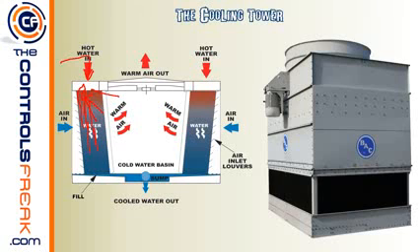Now raining down across just by itself would actually help cool the water down, just with the air naturally coming, with the water pouring out and going across these little fins that are here. That'll actually give it a little bit of cooling. So sometimes you'll use that as a first stage of cooling. A second stage of cooling, or sometimes the first stage, depending on the control sequence, will be this fan that we have right here. Now this fan, once turned on, actually pulls air in from this direction and then shoots it out the top.